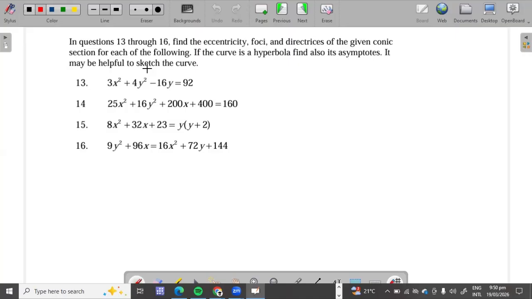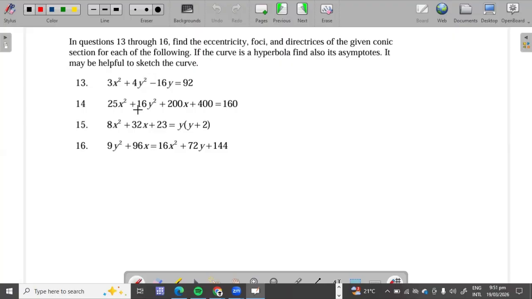Then it may be useful to sketch the curve. In short, they're just telling you to sketch the curve. So you have to at least know how to sketch these curves that we have here.